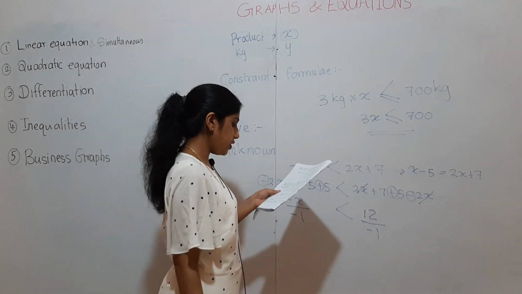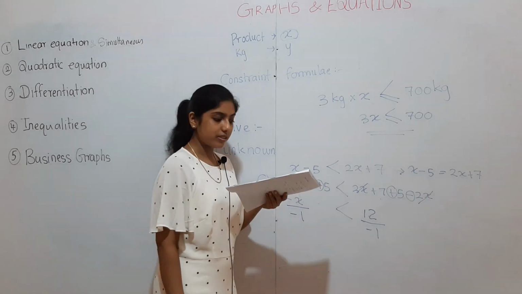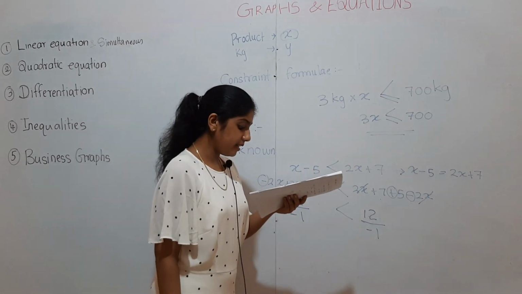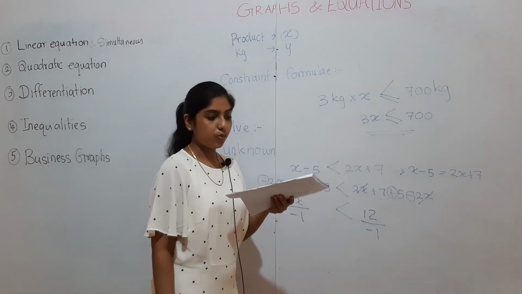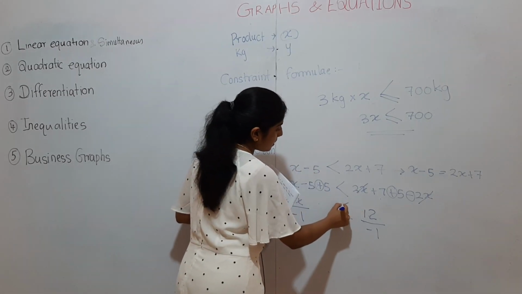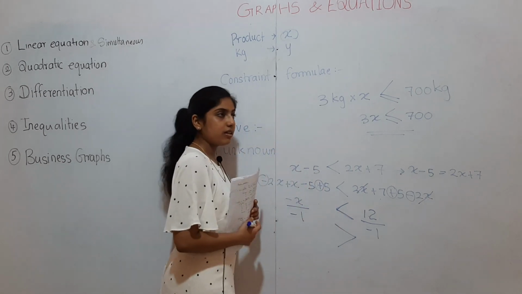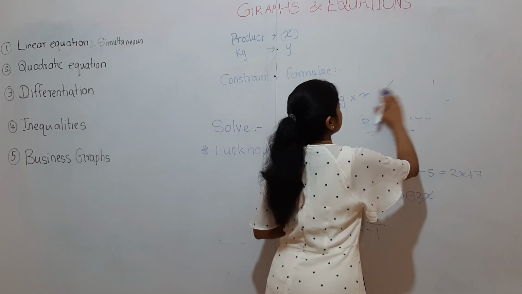In such situations, when you multiply or divide by a negative number, it reverses the inequality. Now the opposite of this sign will be this side, isn't it?